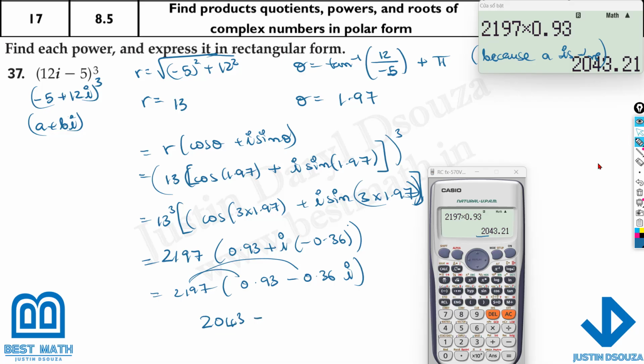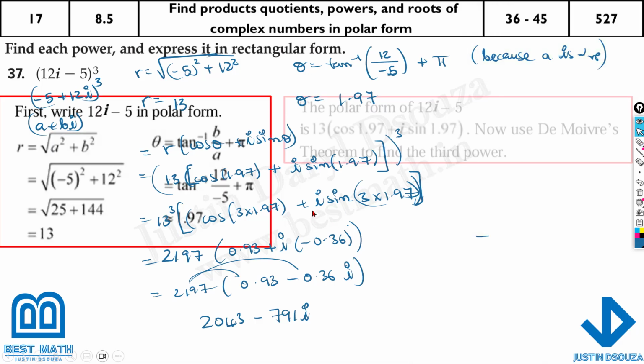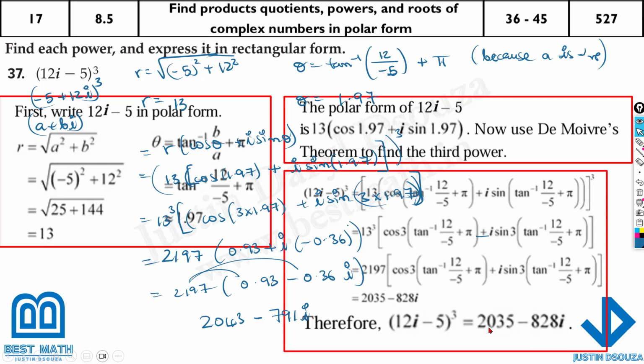Minus, now this one over here will be 36. But it is minus. You can just write this and then write minus sign. That is also fine. You can write it as 791i. I've just rounded it off because they have not told any decimal points or anything. So even if you write this, you will get the full marks. Not to worry.